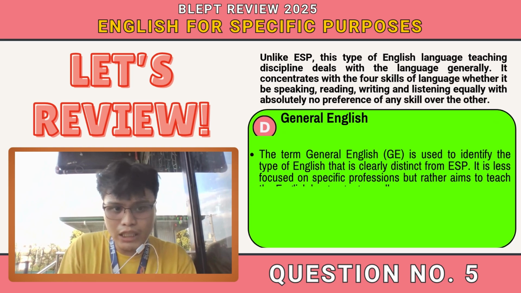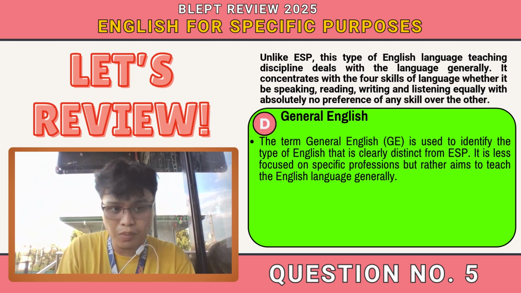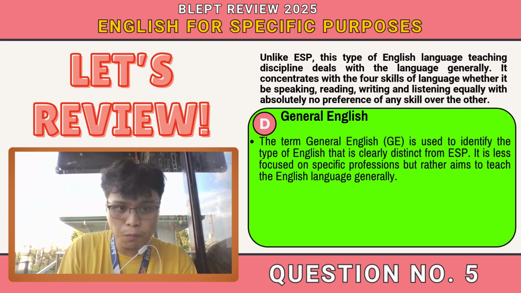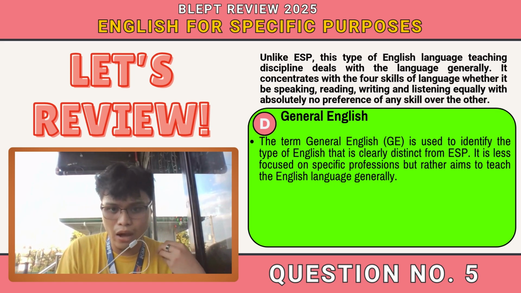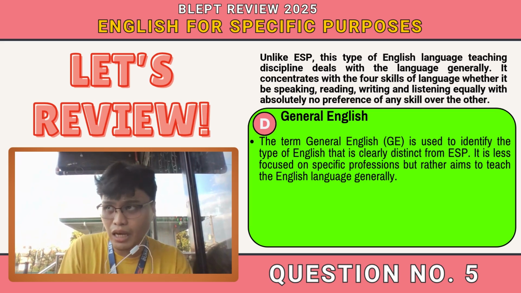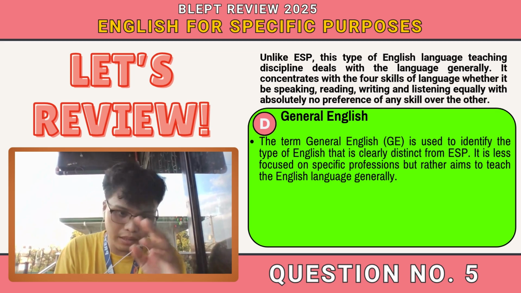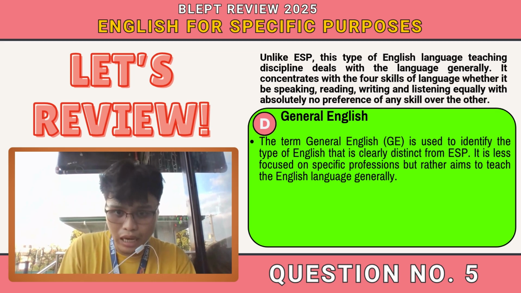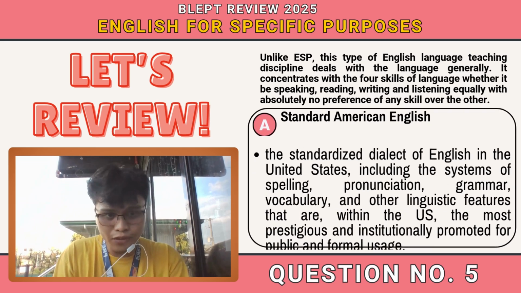So General English is a term used to identify a type of English that is clearly distinct from ESP. Why? It is less focused on specific professions, but general. So it talks about how you would learn the English language as a general discipline, not for a specific field, not for a specific profession. Standard American English, however, don't be confused.